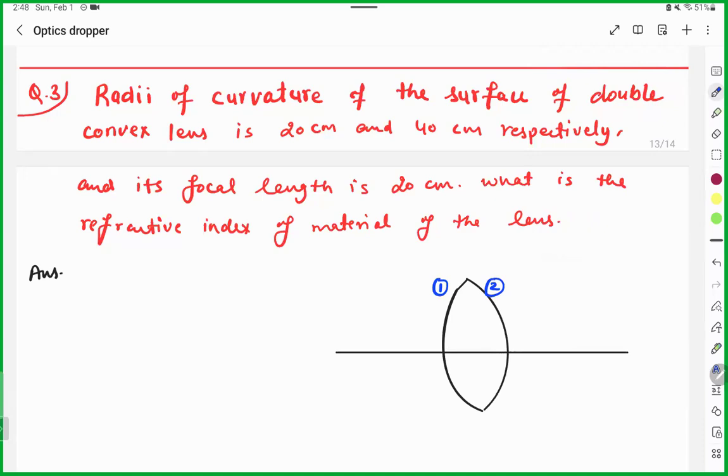For the first surface, your center of curvature will be on the right hand side. For the second surface, your center of curvature will be on the left hand side. So you know now which one will be positive and negative. You have an idea. You finish this question and tell me your answer. I will send it in the group with the question.